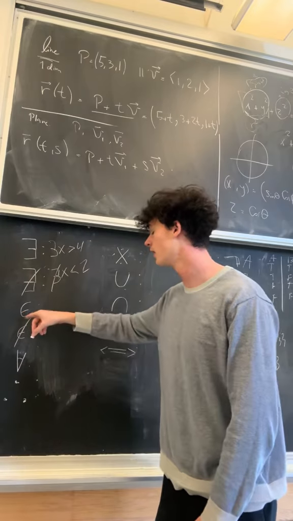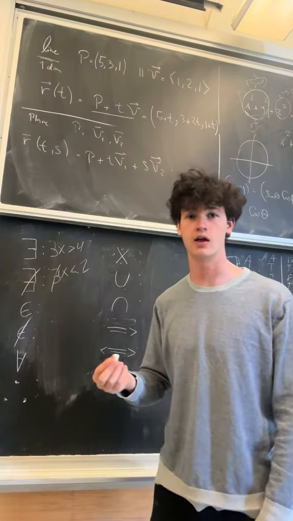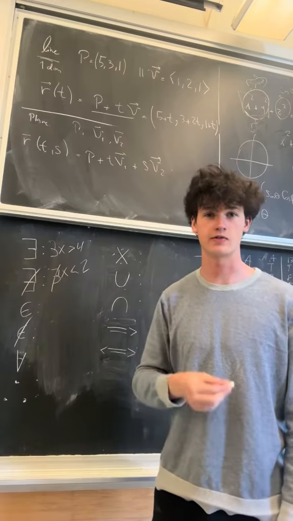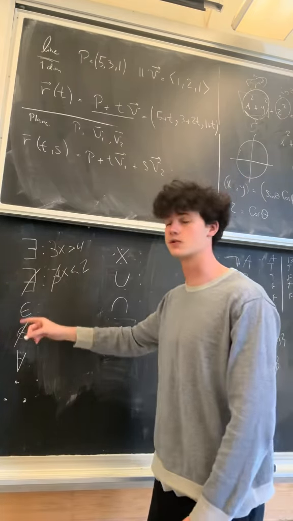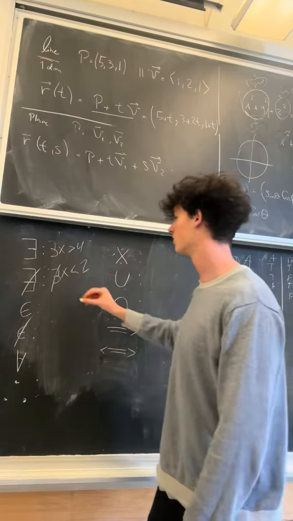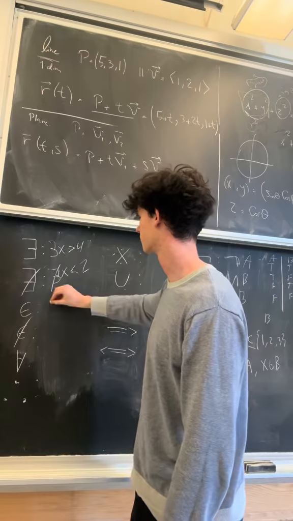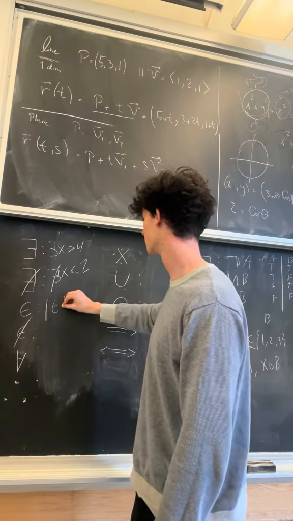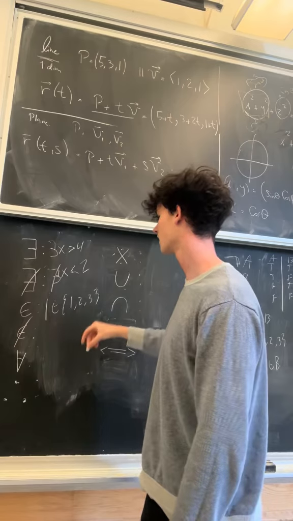For this next one, this little epsilon here means is an element of. If you have an object and it's an element of something else, like a set, then you would use this symbol and say it's an element of. These little brackets mean sets. So we'll say 1 is an element of the set {1, 2, 3}. So 1 is in this set.